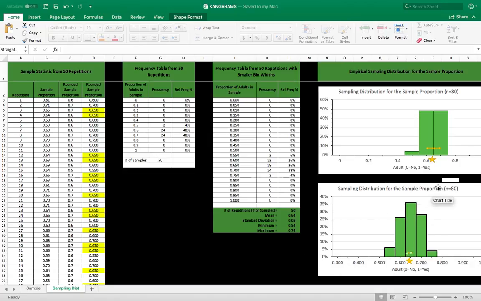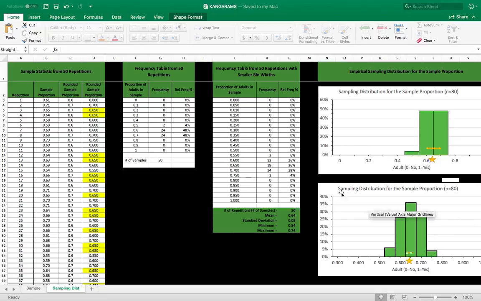To make sure that my histograms line up with the samples we took on the last page, let's look at this particular bar in the histogram. This value is for 0.650.